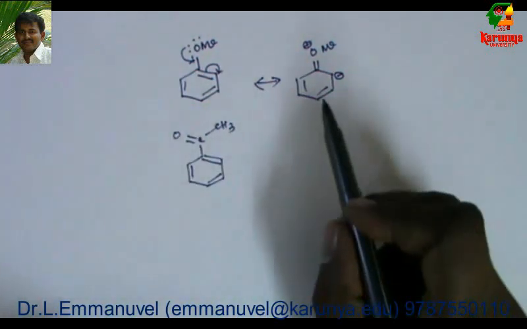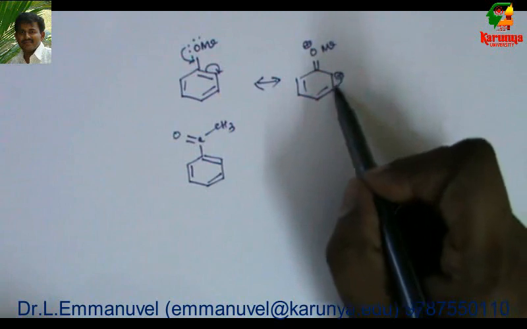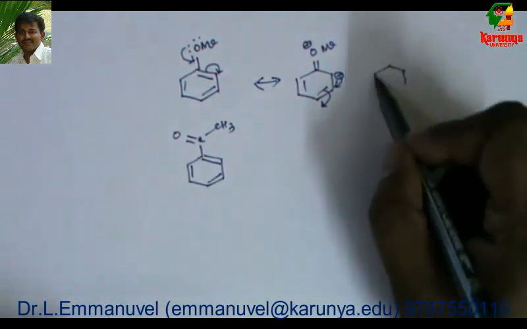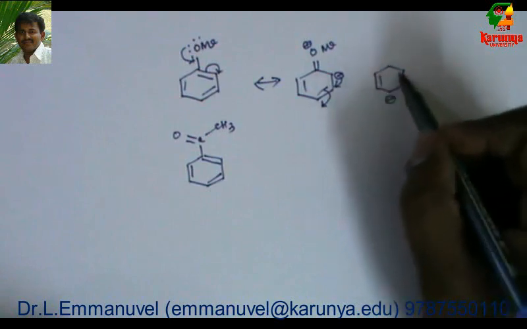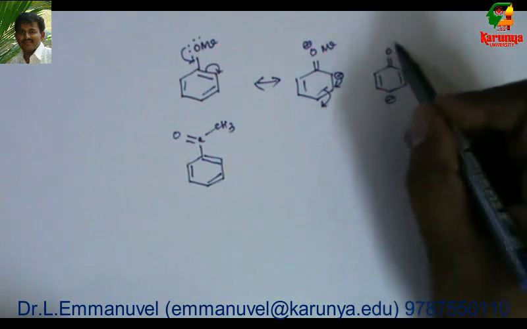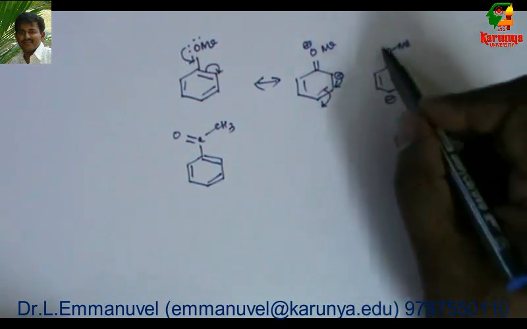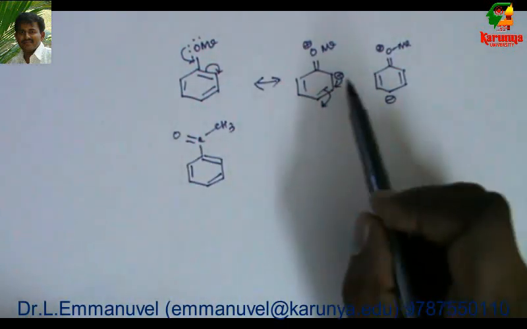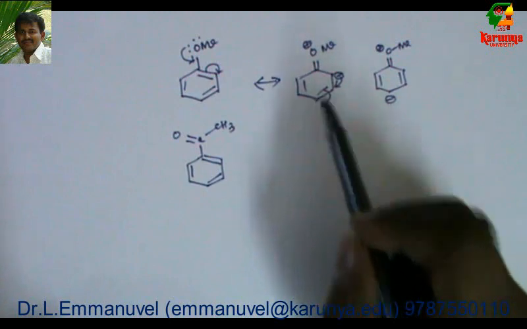But in this aromatic ring, it is further in conjugation here. So what we get is another resonance structure in which the minus charge is on this carbon. So we get a minus charge on this carbon as well as this.